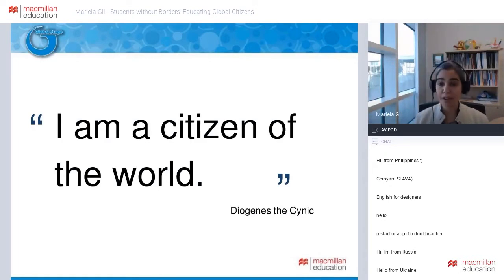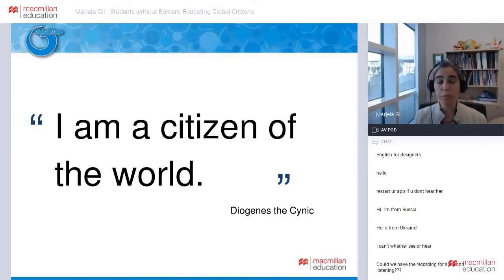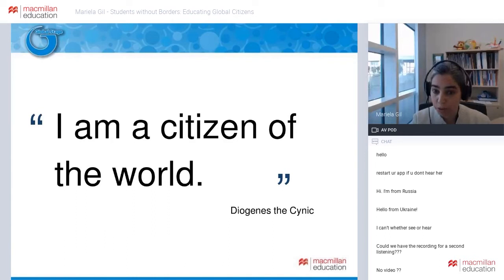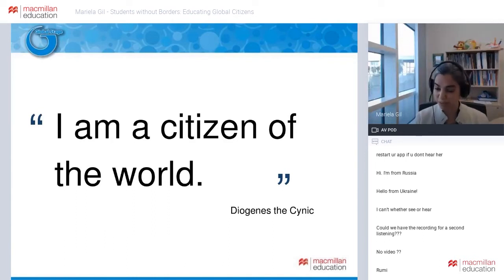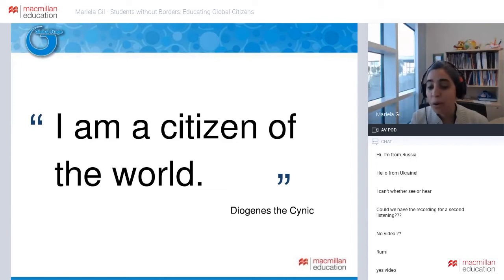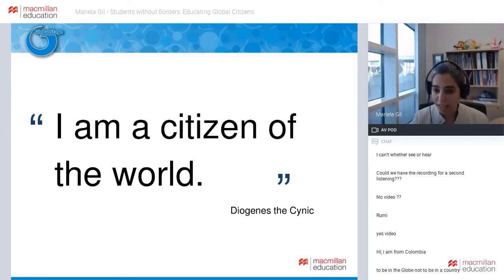It's something that has been around for a very long time in terms of the concept. In fact, one of the Greek philosophers talked about being a citizen of the world, Diogenes. He referred to himself more as a citizen of the world than of his particular city-state, which was Athens, which he didn't agree with very much. So nowadays, global citizenship is even more in our lives.